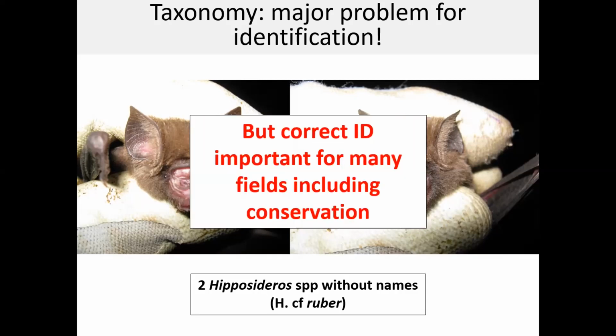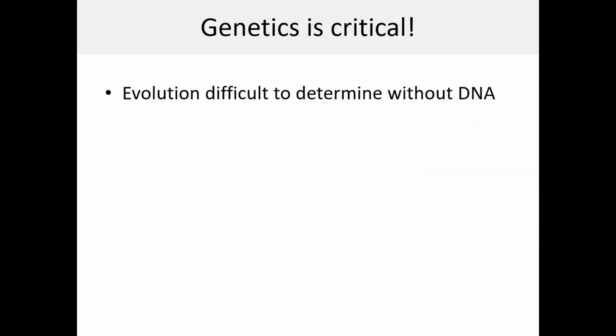So if we're going to do any good, effective conservation, we need to know what the species are that we want to conserve. And this is where taxonomy becomes very important. And we have had a helping hand in the last few decades, thanks to genetics, particularly molecular biology and sequencing.